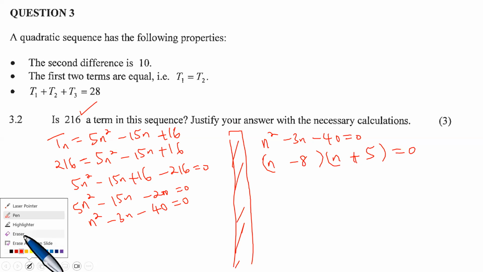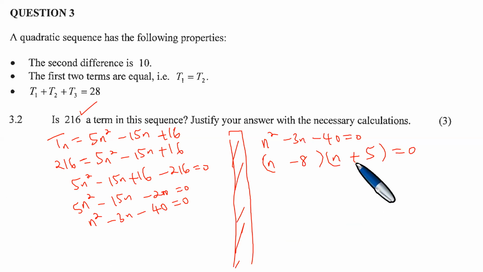So we get n minus 8 into n plus 5, which means that n equals 8 or n equals minus 5.